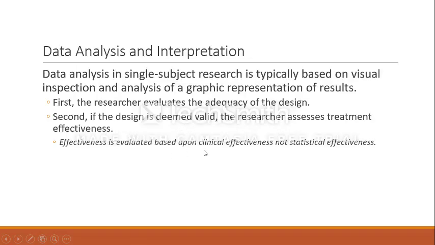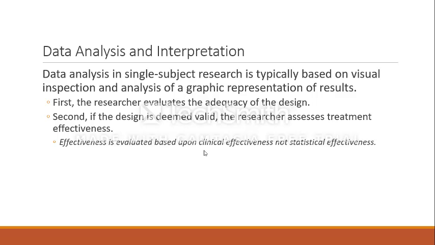So the data analysis tends to be done through what's listed here as visual inspection, or what Randy Campbell used to say, biocular examination, both of which are you look at it with your 2 eyes. And you determine based off of what you see if you think it got better, right?